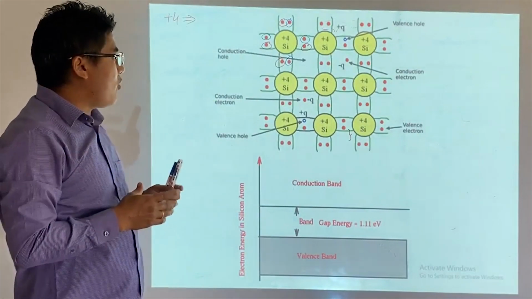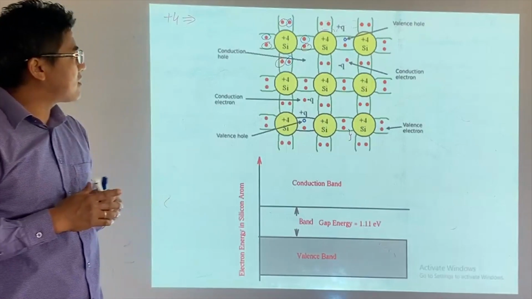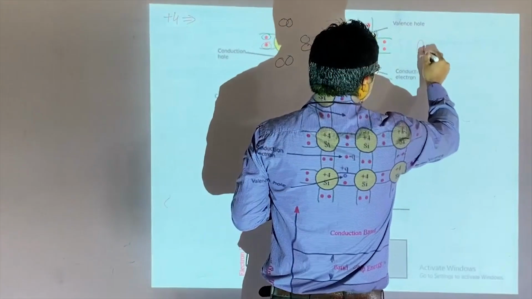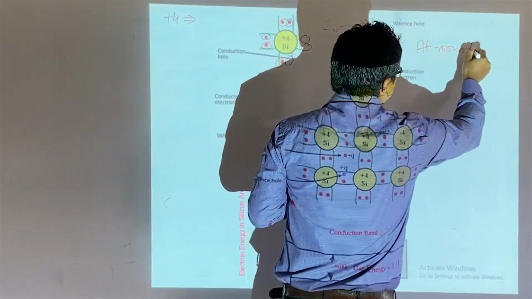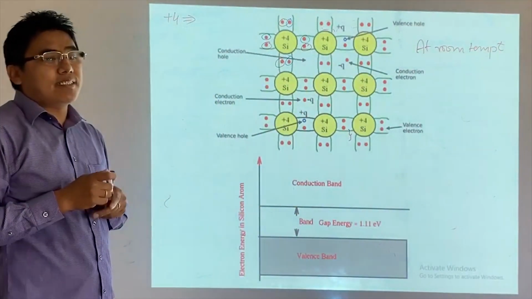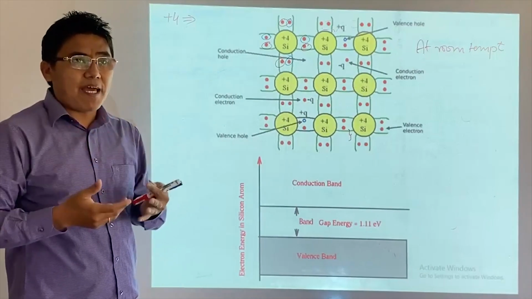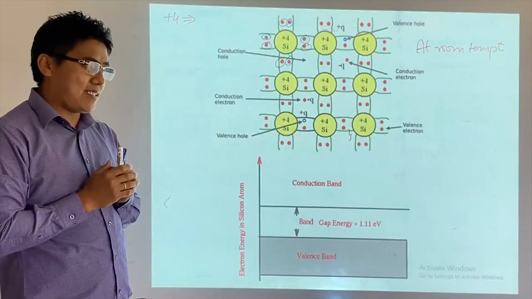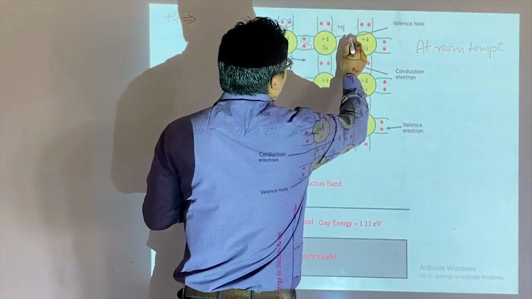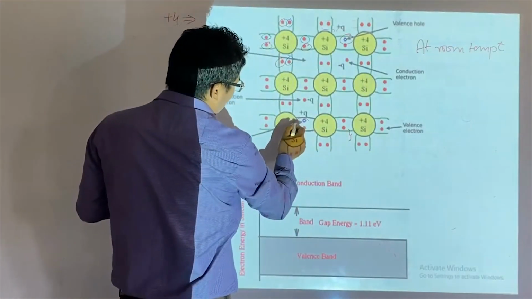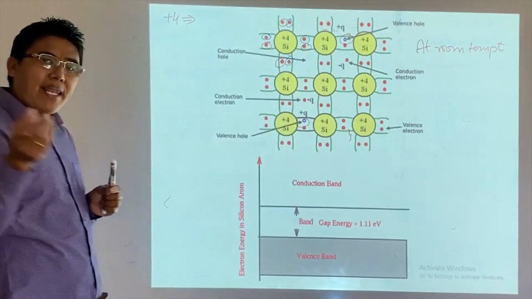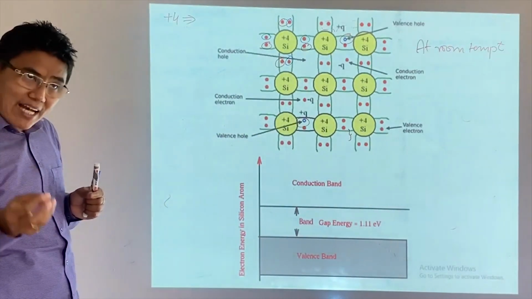And what happens now is that at room temperature, a few electrons in the valence band get excited into the conduction band, leaving behind a hole. This is what we call a hole, and this space is available for another electron to occupy.